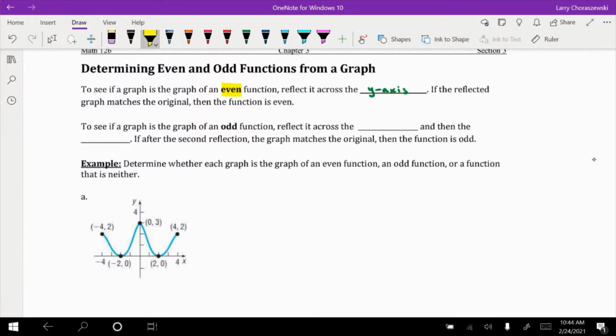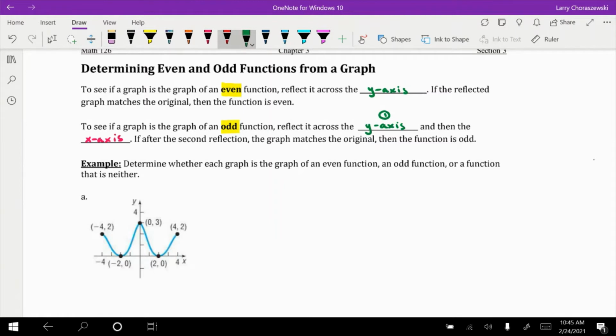Now, if you find that your function is not even, it might be odd, in which case you not only do a reflection across the y-axis, but you proceed to do a reflection across the x-axis afterwards. Okay, so there are two reflections involved.